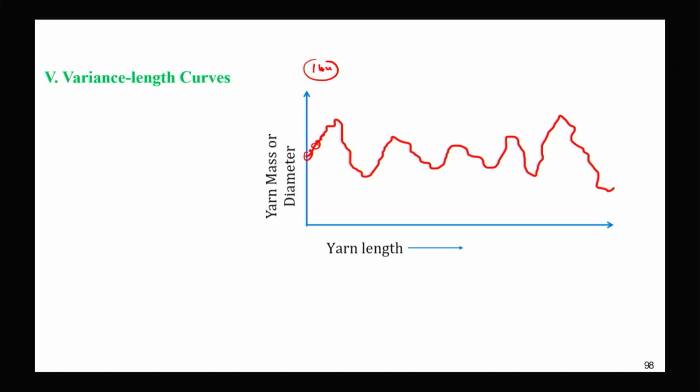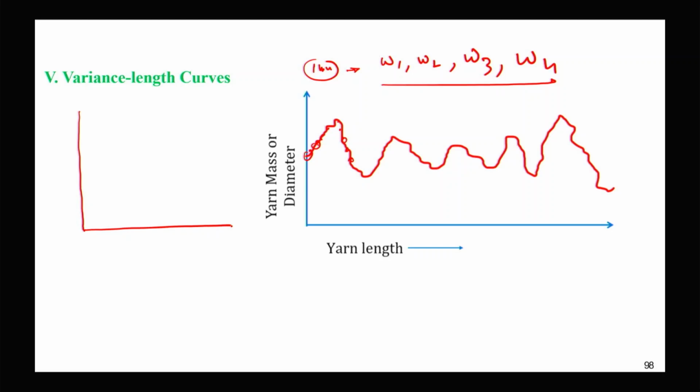We are taking a very small cut length of, say, 1 millimeter, and we are taking masses W1, W2, W3, W4. So we get the mass at every point, and then we are calculating the standard deviation.